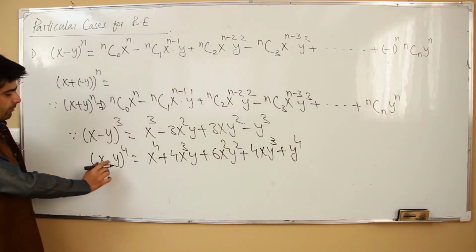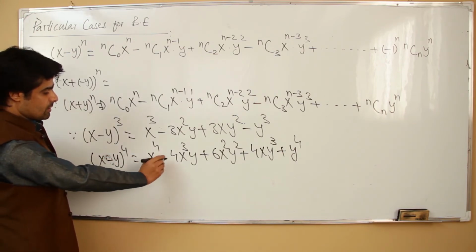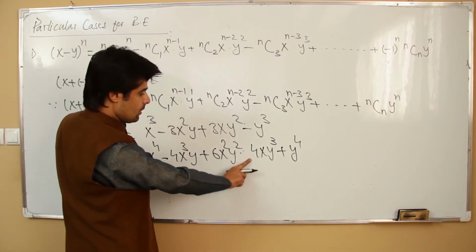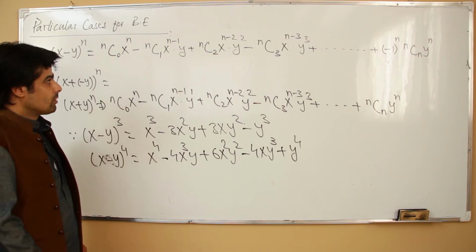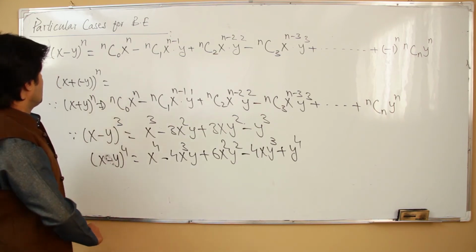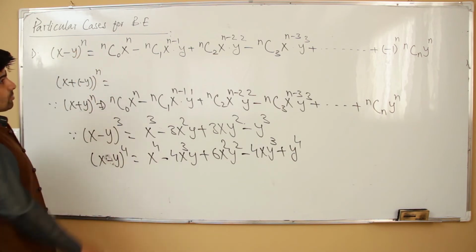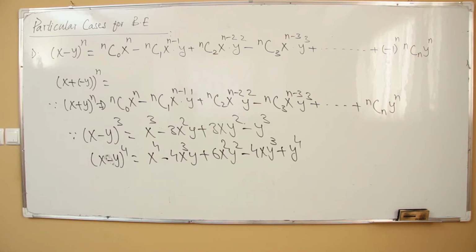Positive, negative, positive, negative, and like this one, positive at the end. I think you have got it. This is the first particular case, for (x minus y) raised to the power n. Write it, we will come to the second one.